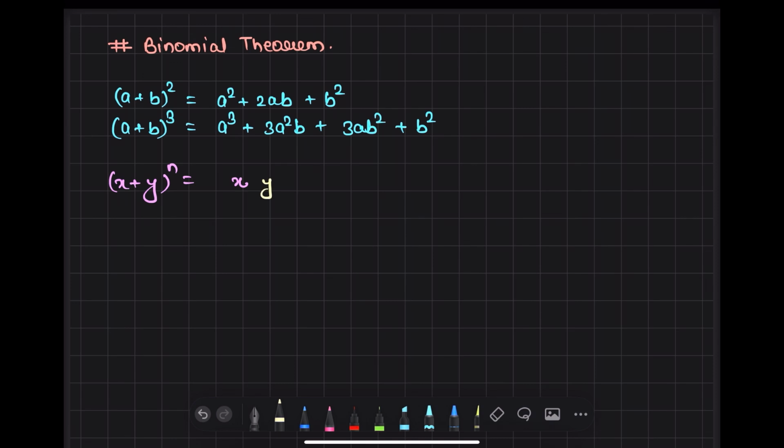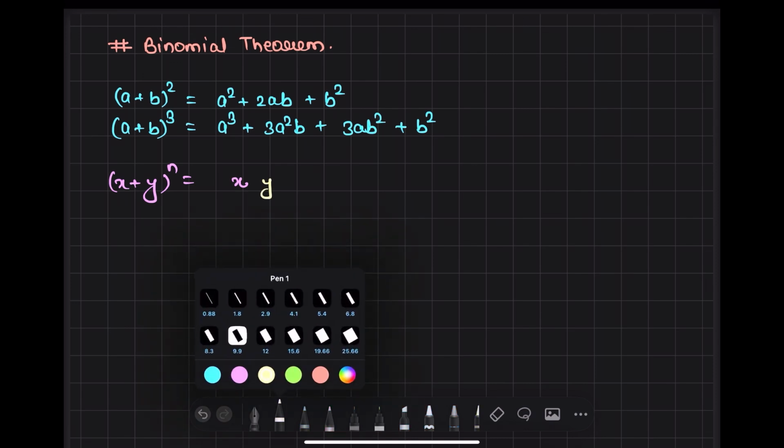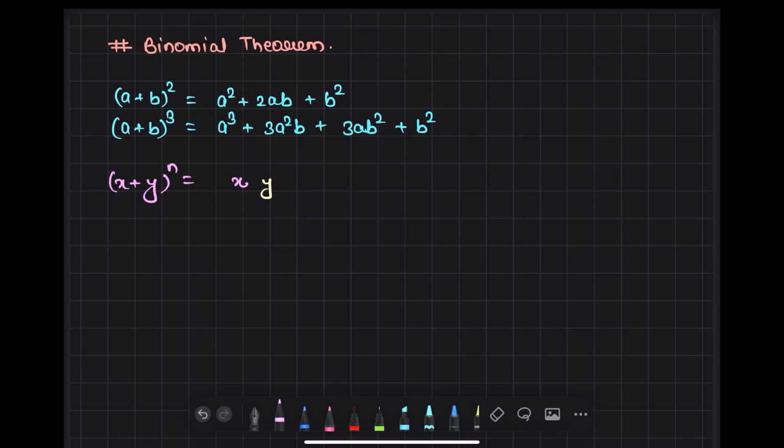Now what you have to do is give the maximum power, that is n, to variable number 1, and give the minimum power, which is 0, to variable number 2, y. Then decrease the power of the first variable by 1: it will become x to the n minus 1, then n minus 2, then n minus 3, and it will keep going.